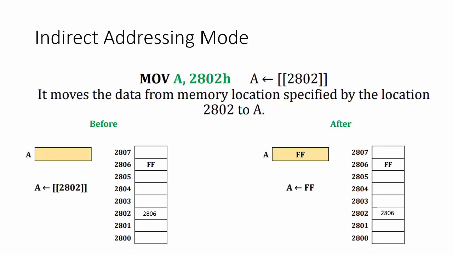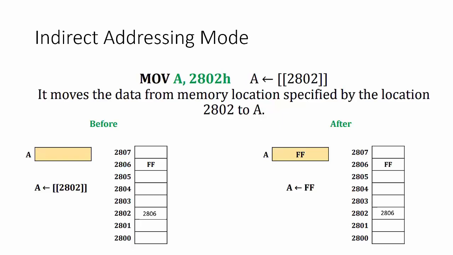Please notice that this 2802 is located inside the square brackets. It means that 2802 is initially a memory location. Again, whatever value we obtain from it is again the memory location of the actual operand.